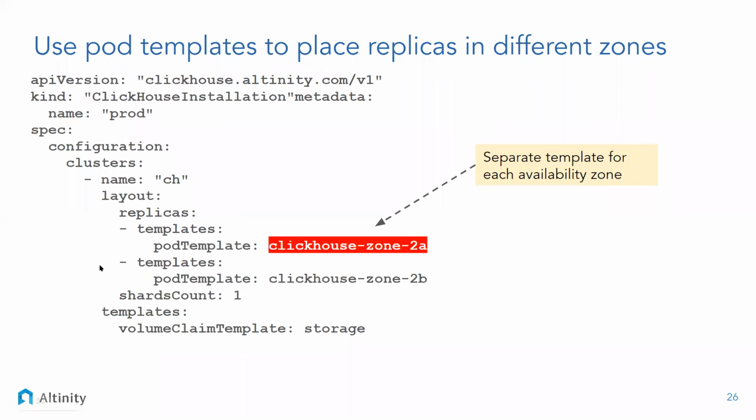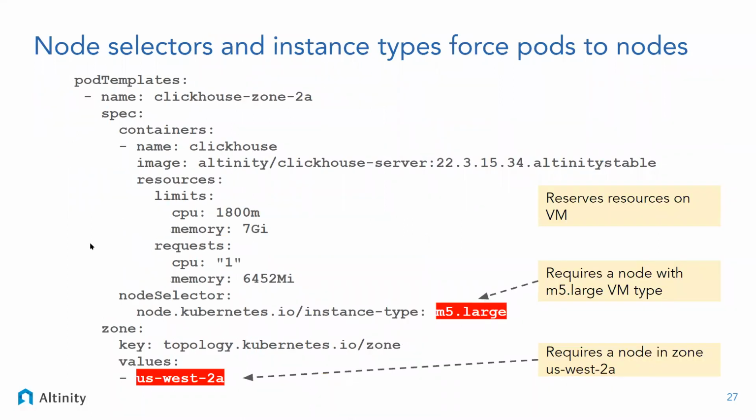Then the next thing you have to do is actually define those pod templates, and these are a little bit more expansive than in the initial example I showed you, because in this case, beyond just giving the image type, first of all, down at the bottom, we're going to ask for a specific zone. Kubernetes has this really cool feature.